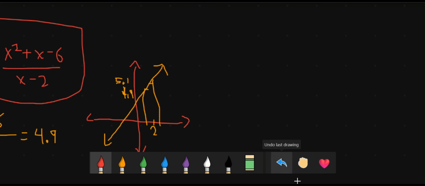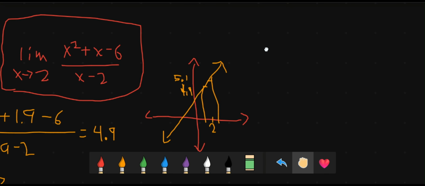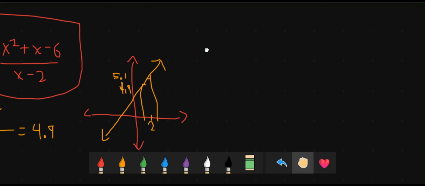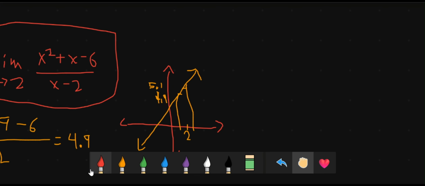Now I'm going to show you a slightly different way to do limits. Okay, so a way we try and do it here is we take the function x squared plus x minus 6 over x minus 2, and we try and create a version of this function that is not undefined at x equals 2.